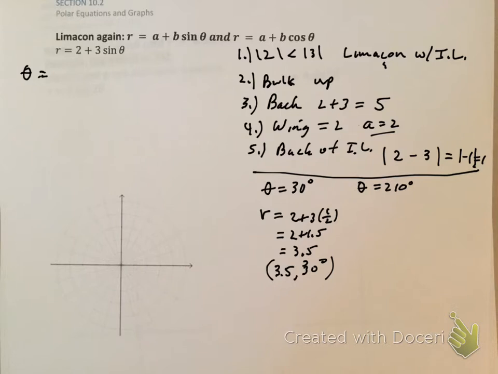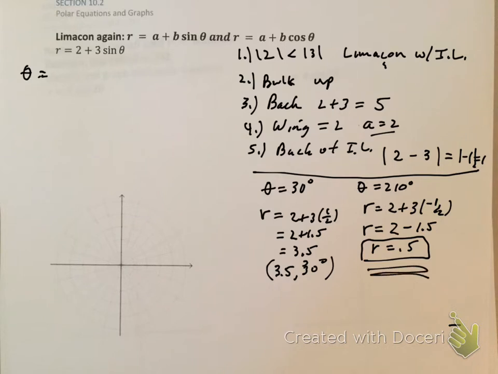When you plug in your 210, your R is going to be equal to 2 plus 3 times a negative 1/2. So you get 2 minus 1.5, and you get a 0.5. Now, because this is positive, you have found a point that is going to be on the wing.